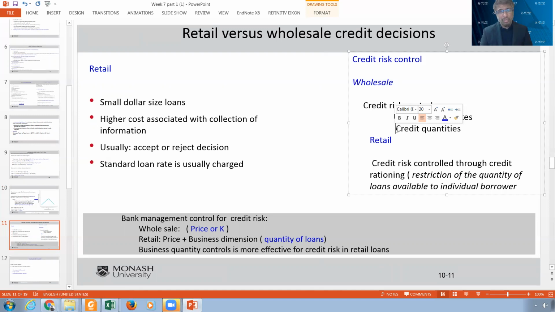So we use two ways with the wholesale customer, which is the business customer. We can increase the interest rate, and at the same time we decrease the quantities of loans given to this customer. How about the retail, like me and you? If we go and take credit cards, and tomorrow we want a car loan, and they will give us.